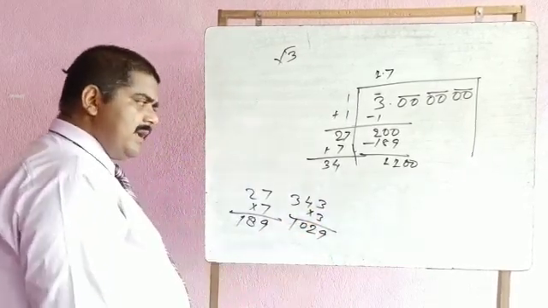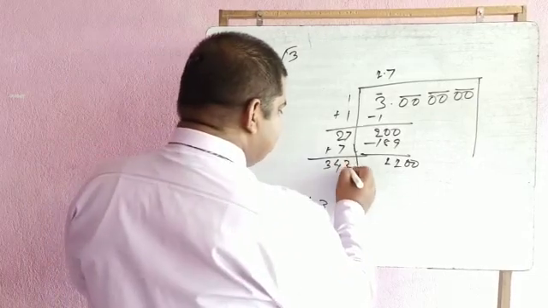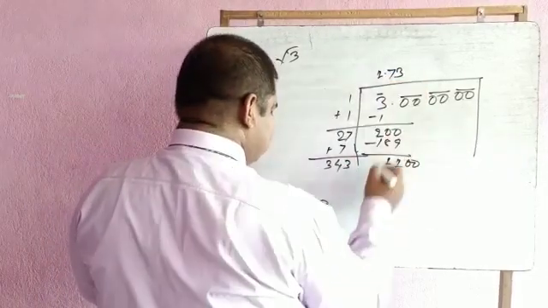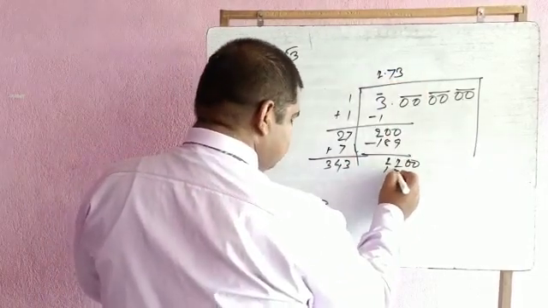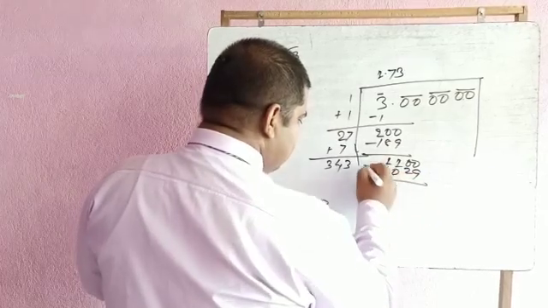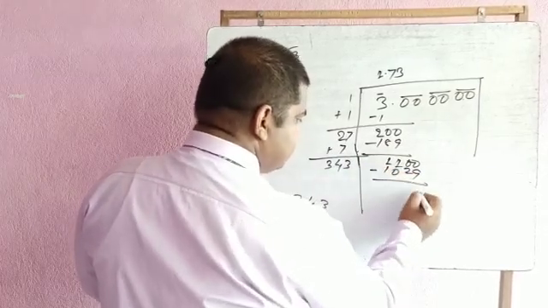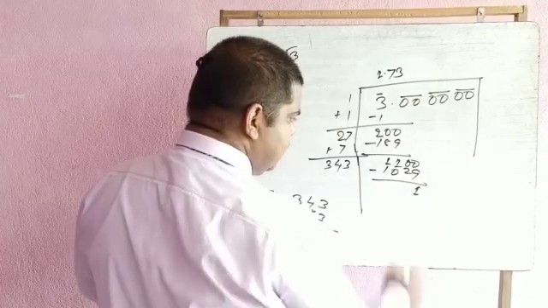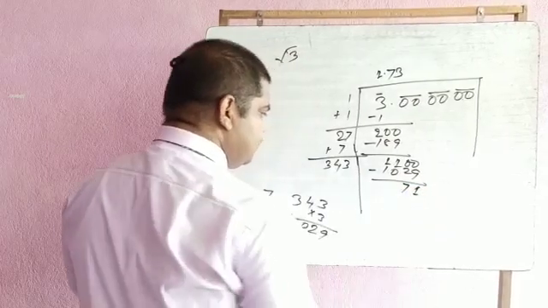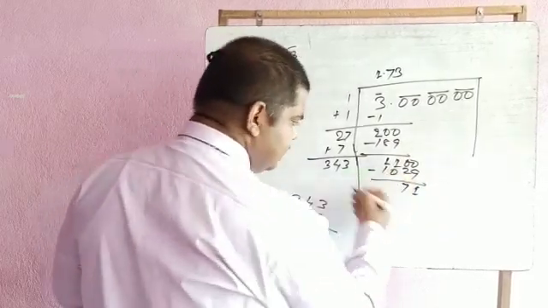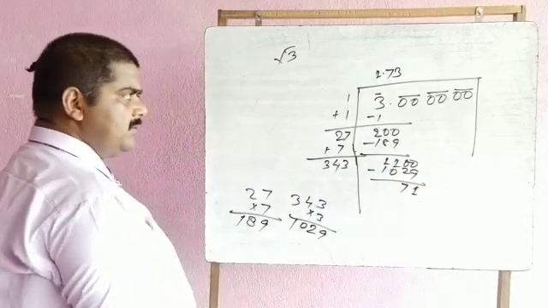So 1029 you can just do, 1029, and now you have to subtract. This is 1, 7, and now it is cancelled, 71.